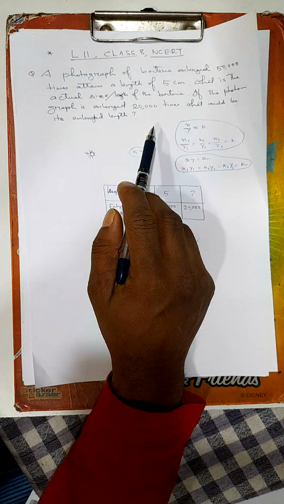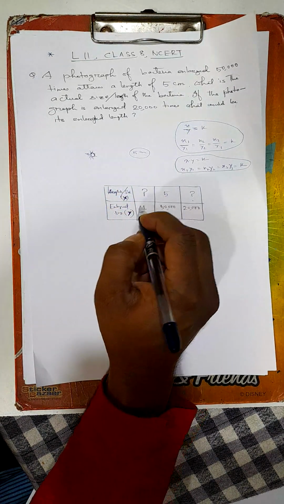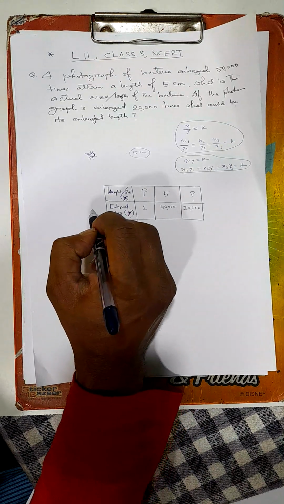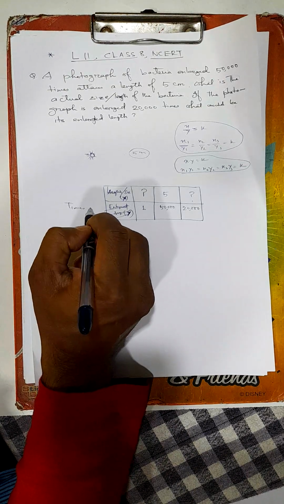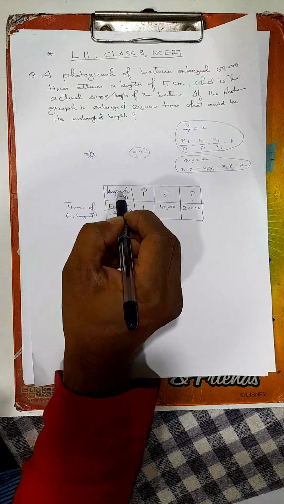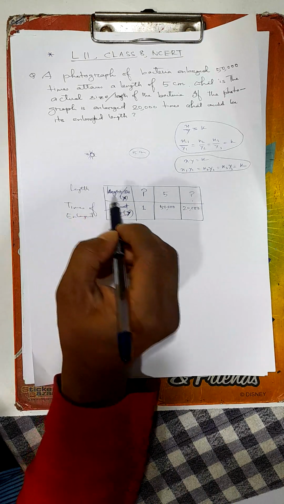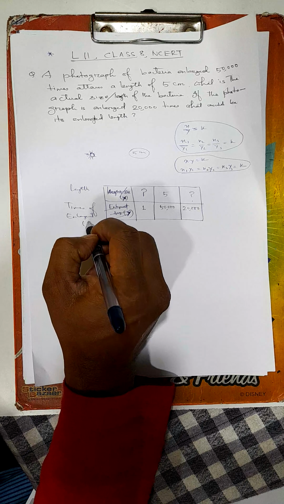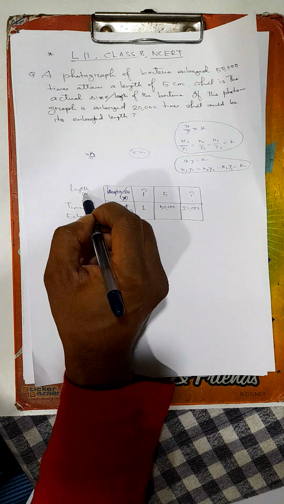If the photograph is enlarged 20,000 times, what would be the enlarged length? Here we mean times of enlargement, and length. So when it is enlarged 50,000 times, that is y, and the length obtained after enlargement is, suppose, x.